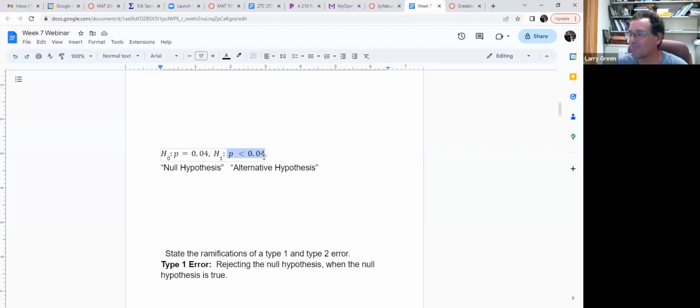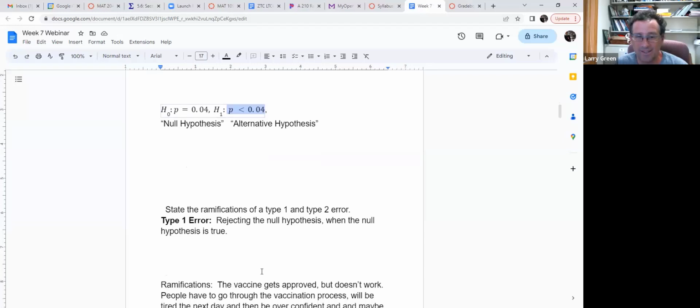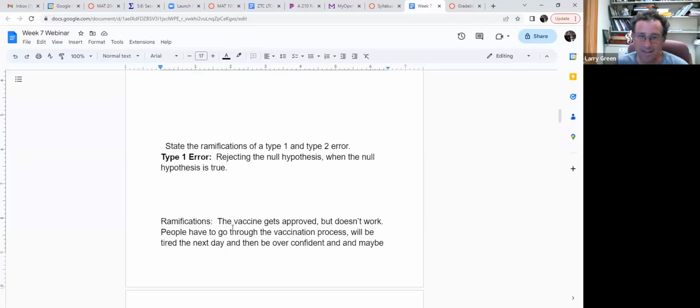That's a type 1 error. And by the way, these errors are always bad. A type 1 or a type 2 error is never a good thing. So what I wrote is the vaccine gets approved, but it doesn't work. People are going to get the vaccination.